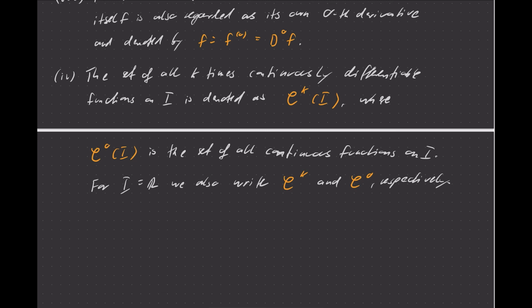So rather lengthy definition, but on the other hand, that should be fairly easy to execute. You have a function, you differentiate that, and you just differentiate once again, and you get a second order derivative, and you differentiate that, and you get a third order derivative, and so on and so forth.